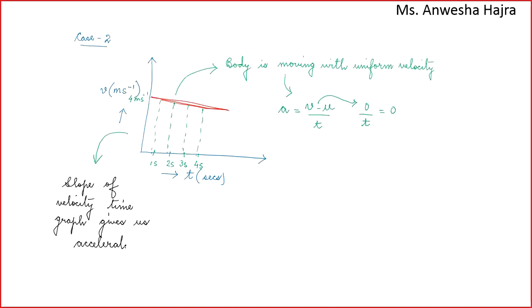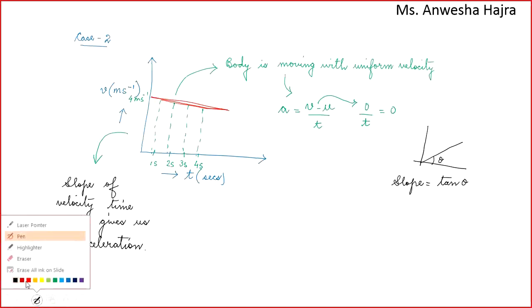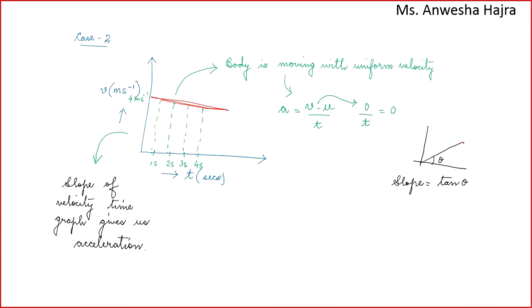Now what was slope? If you remember, this was a graph. This angle theta, slope was tan theta, which was perpendicular by base. This is 90 degree. This was perpendicular. This was base. Slope is tan theta, which is perpendicular by base.